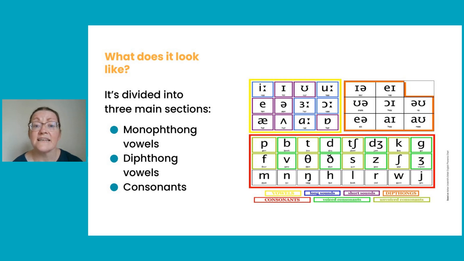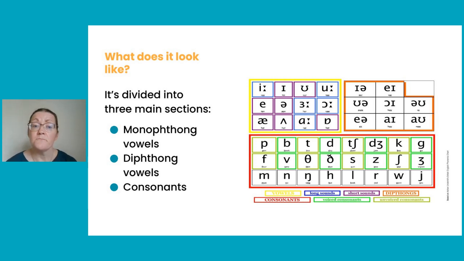We can see then in orange, we have the diphthong vowels. In this case, di means two, because you can see in the orange section, all of the sounds have two symbols, okay, that come together to make one sound.